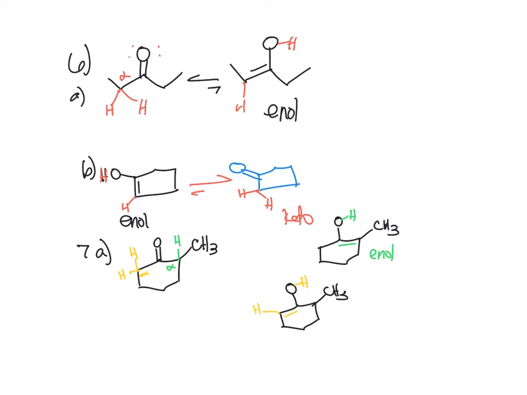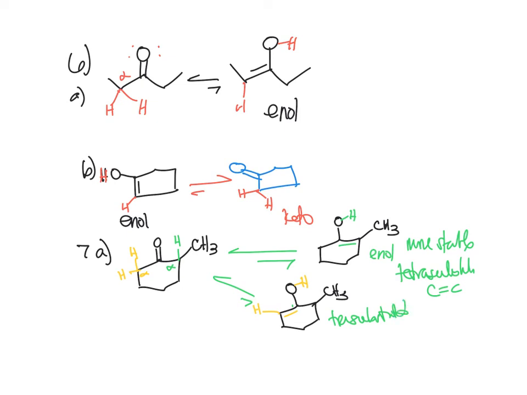Now remember, the keto form is going to be more thermodynamically stable, but I'm going to give this one a bigger second arrow. This would be more stable than the other because you're looking at a tetrasubstituted carbon-carbon double bond, whereas this is a trisubstituted. So this one would be more stable.